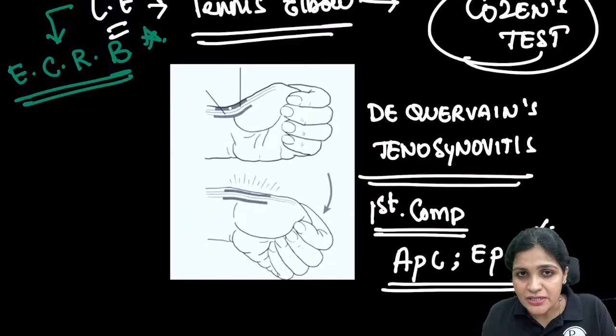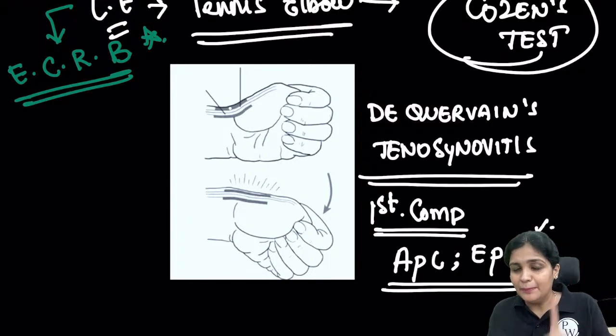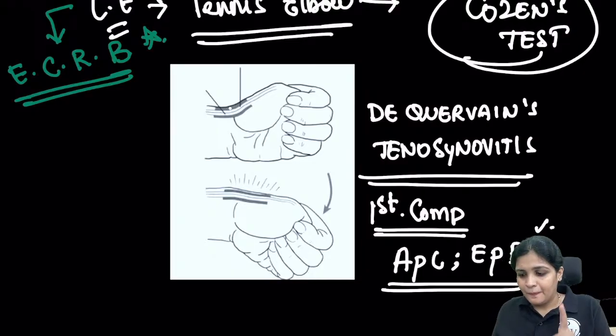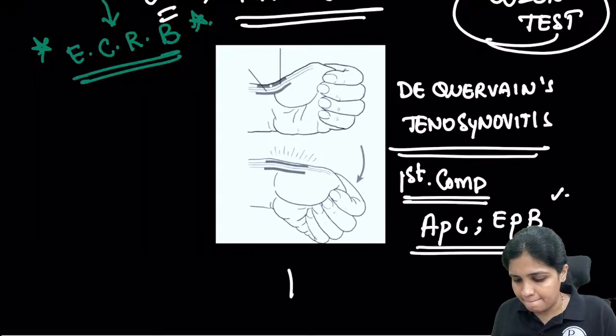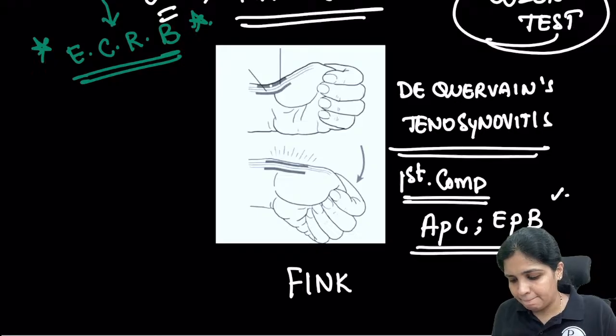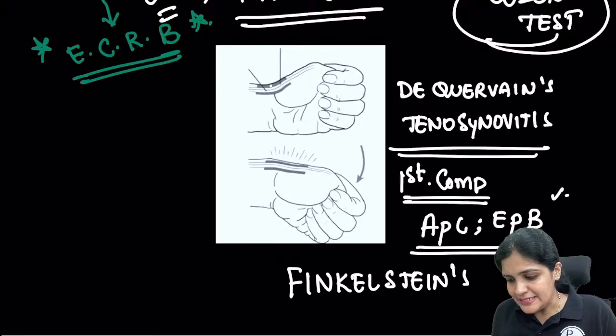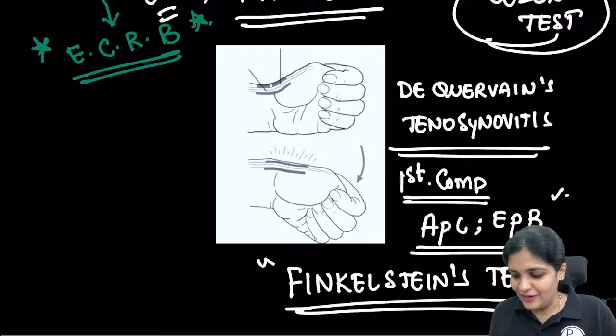What are the 2 tendons? Extensor pollicis brevis and abductor pollicis longus. APL, EPB. Okay, very important. And what is the name of this test? Finkelstein's test. Okay.